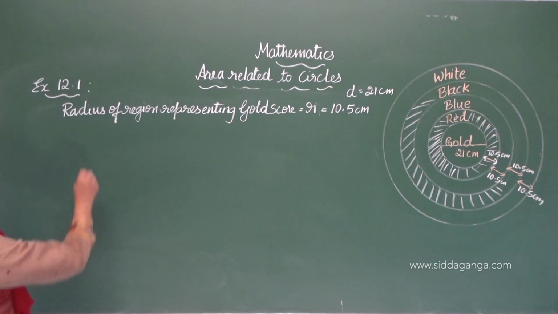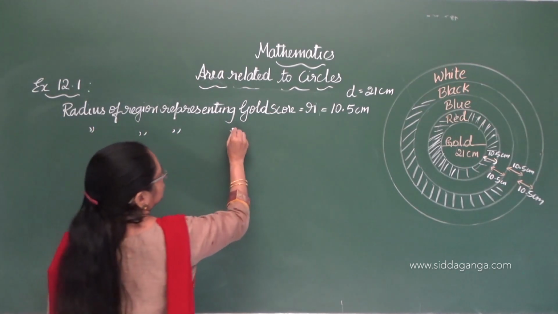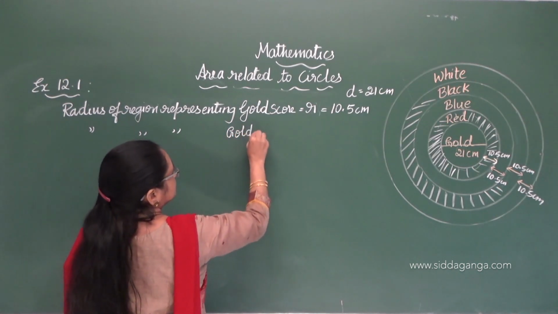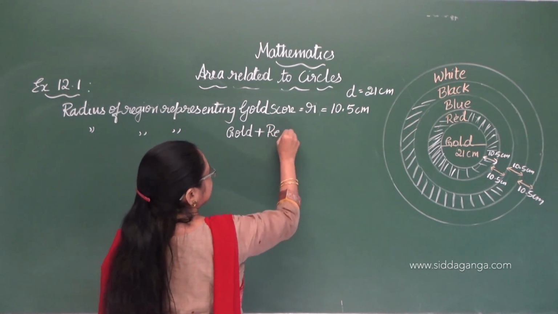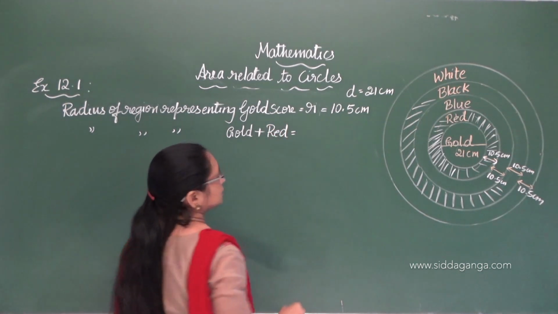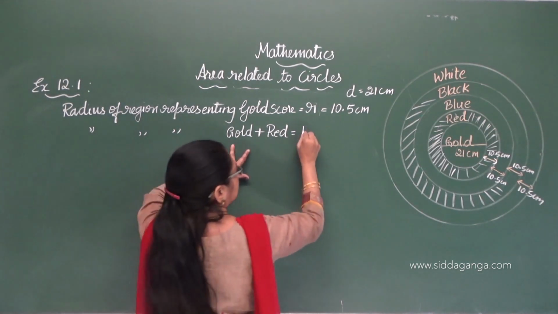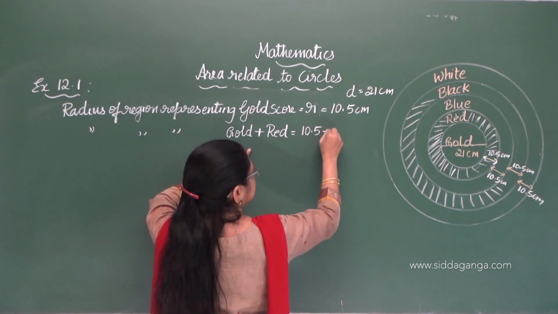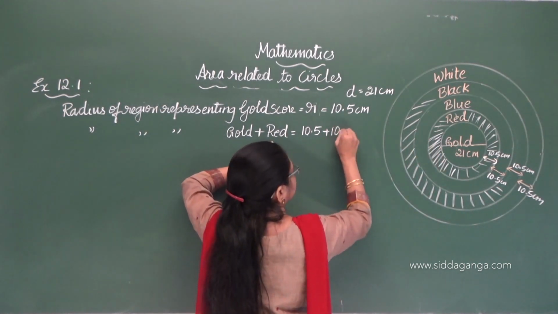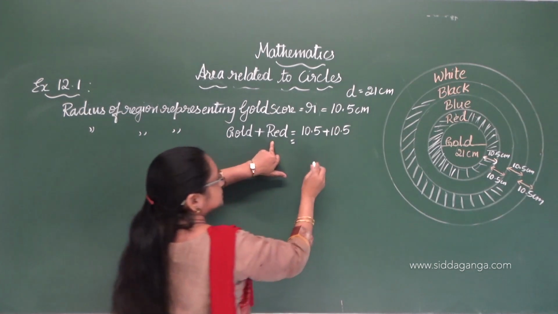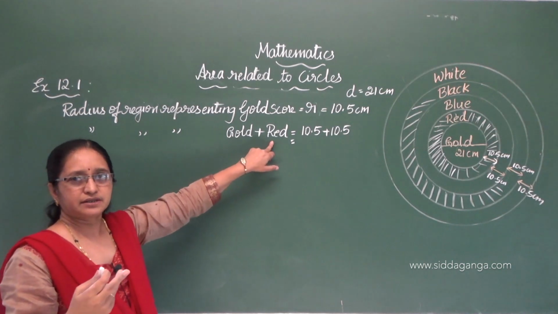Next, the radius of the region representing gold plus red. So here you all know the gold radius, 10.5, plus the red region, whose width is 10.5. So total, 10.5 plus 10.5 is 21, correct?